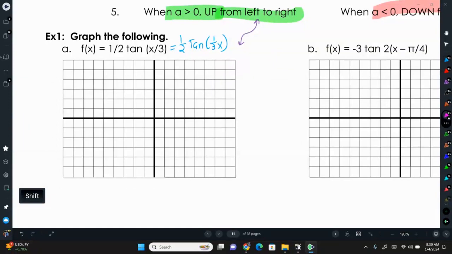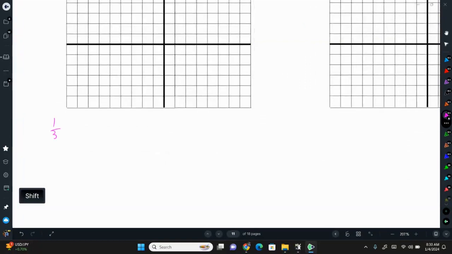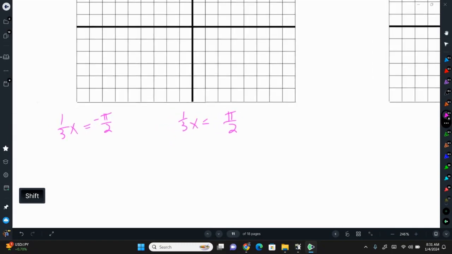I like to find the asymptotes for tangent first. So what we're going to do is set that angle, 1/3 x, equal to -pi over 2, and we're going to set 1/3 x equal to positive pi over 2, and then solve for x. To do that, we multiply both sides by 3.